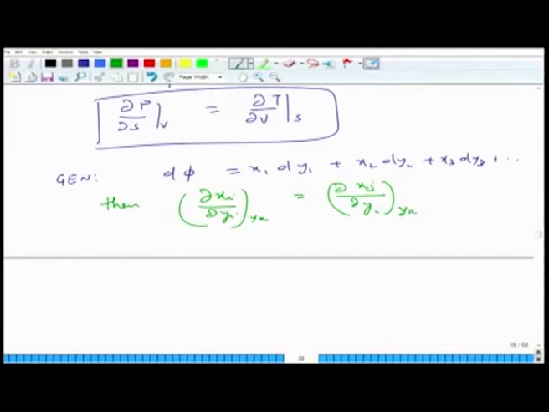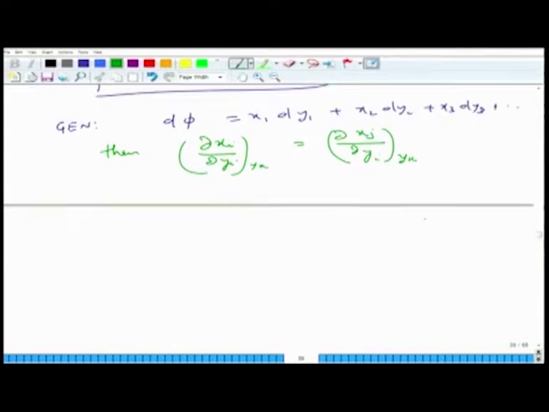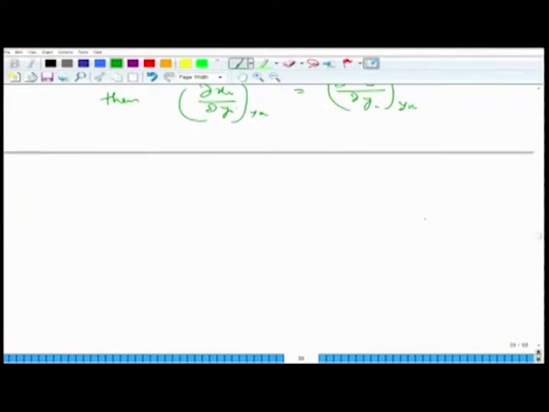Now, you can look at this from this perspective. I am going to write the fundamental equation: del u is equal to t ds minus p dv, plus mu dn, with mu i dni.